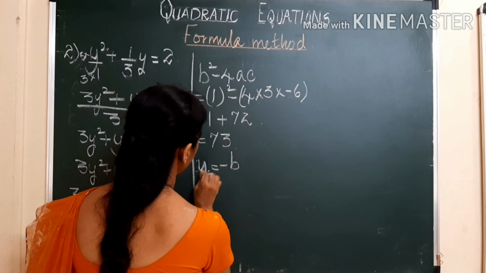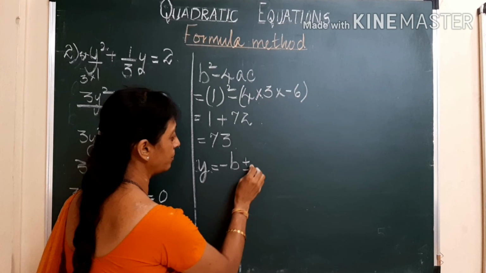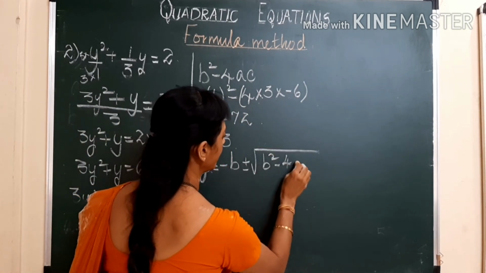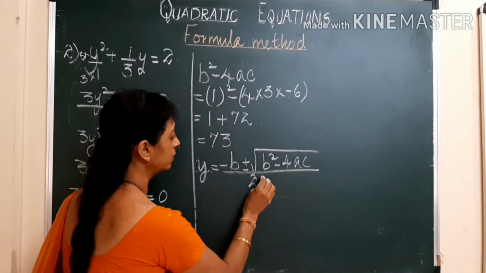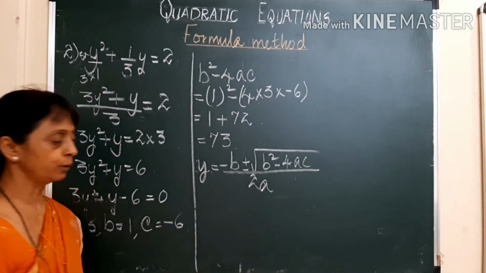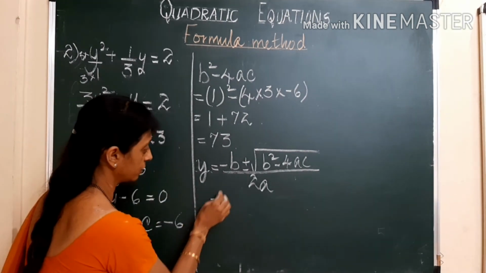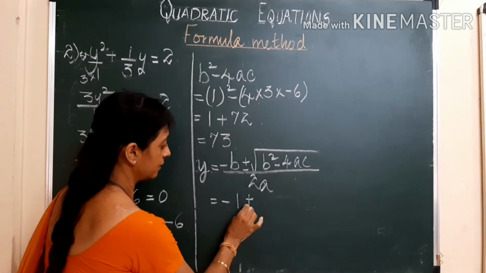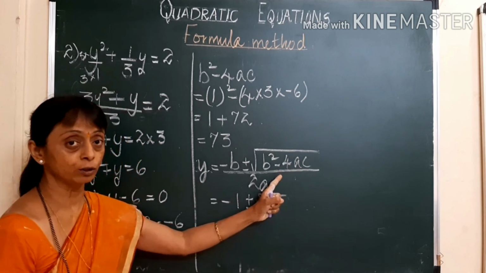You will have y is equal to minus b plus or minus square root of b square minus 4ac upon 2a. Right, children? Now let's substitute. Minus value of b is 1 plus or minus square root of, here have we already found out the answer?